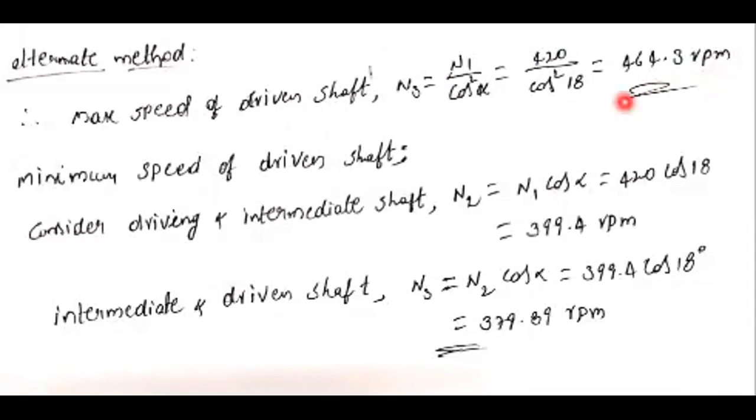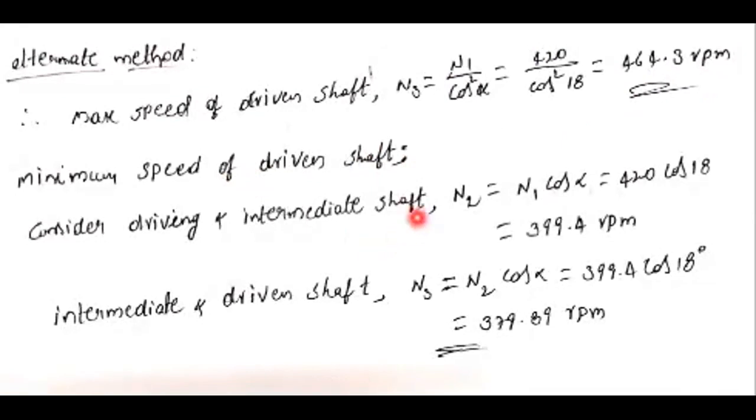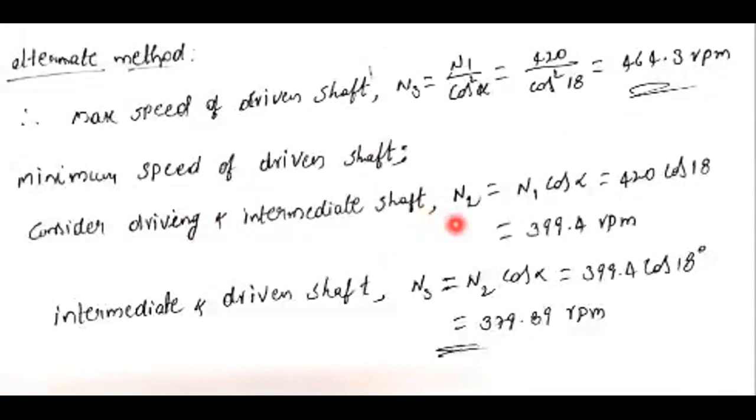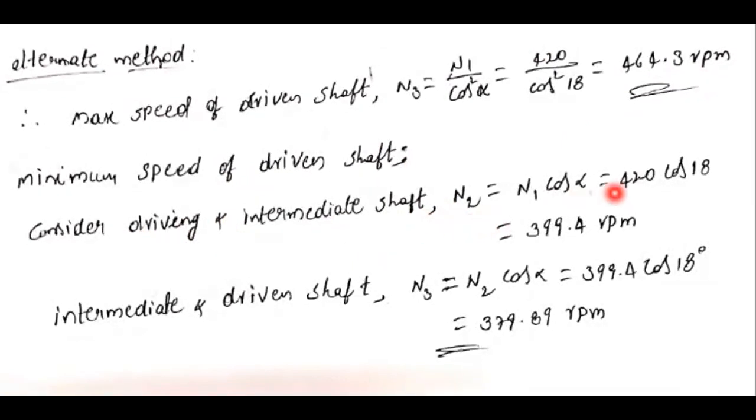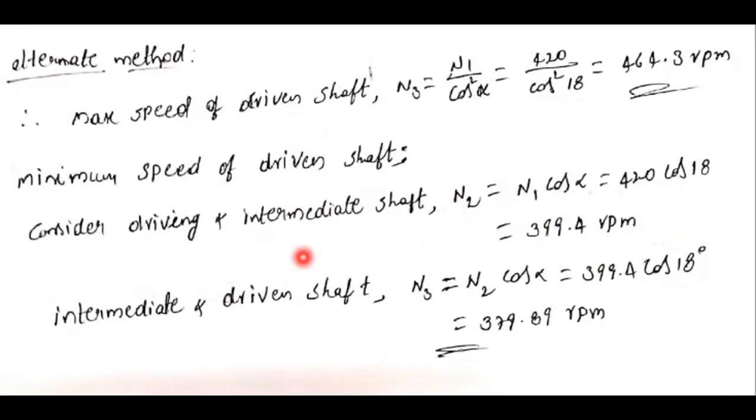Now let us find the minimum speed of the driven shaft. First consider the driving and intermediate shafts: N2 equals N1 cos alpha, which gives 399.4 rpm. Once we know the N2 value, we take the intermediate to driven shaft: N3 equals N2 cos alpha.